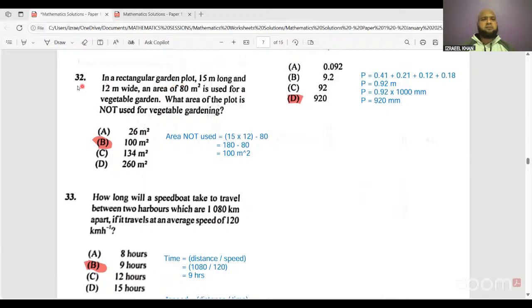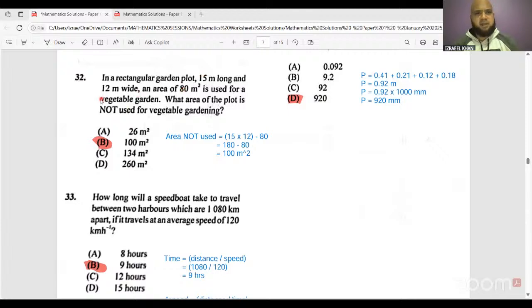Rectangular garden plot for number 32. 15 meters long, 12 meters wide, area of 80 meters squared used for a vegetable garden. What area of the plot is not used for vegetable gardening? So the area that is not used will be the total area of the plot minus the area for your vegetable garden. What is the total area?